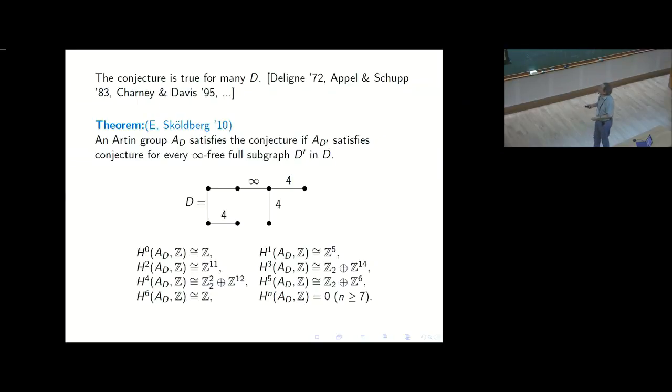So let me just give an example. Here is a Coxeter diagram. If you take any full subgraph not involving an infinity edge, for example, I could take this. I end up with a Coxeter graph with 4 generators, and it's finite. In fact, I could take those together with this isolated vertex and that isolated vertex.